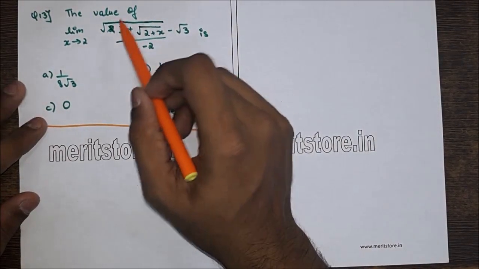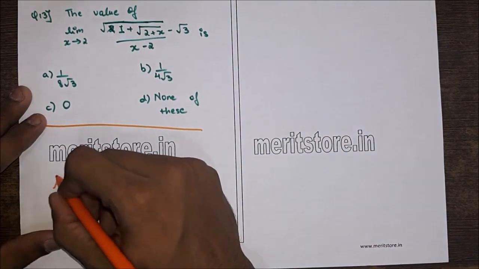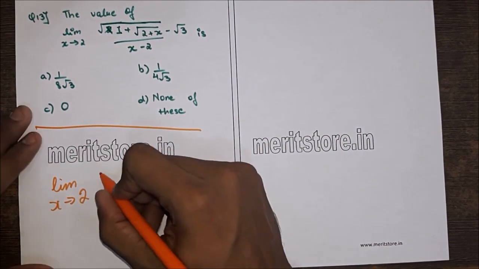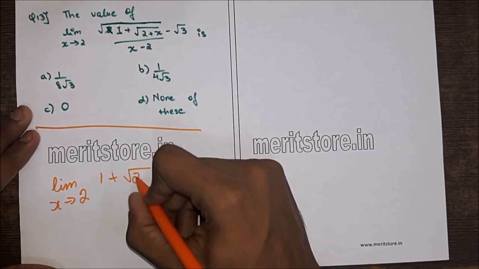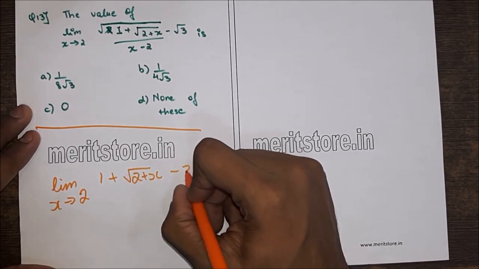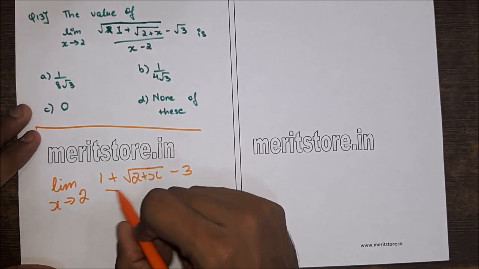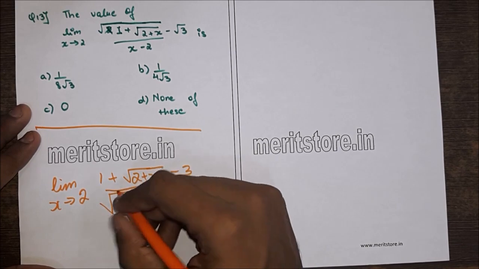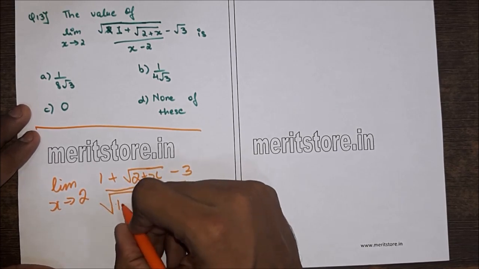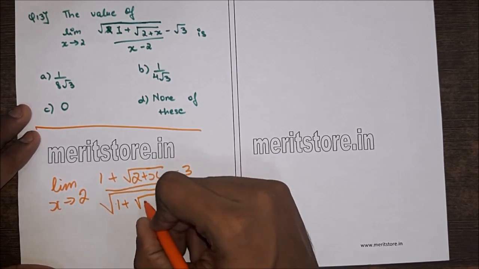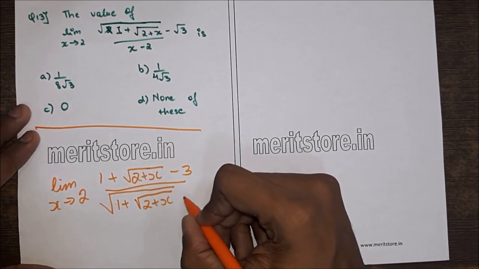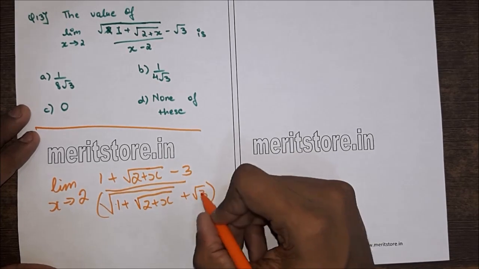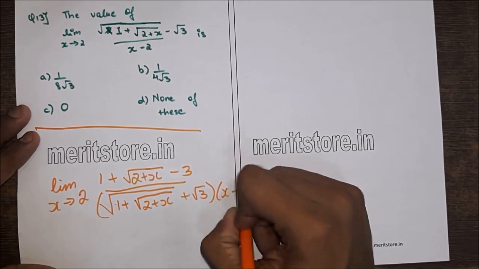Now we have this term, it could be written as limit of x tends to 2, 1 plus root of 2 plus x minus 3 in the numerator and root of 1 plus root of 2 plus x plus root 3 into x minus 2.